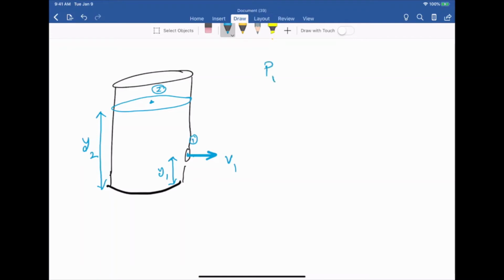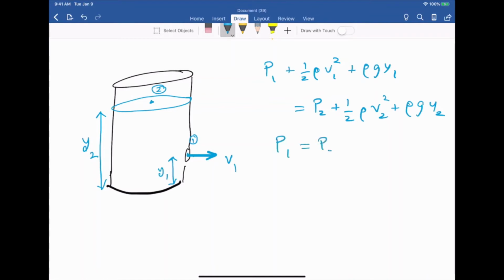P1 plus half rho V1 square, and that V1 is what we're looking for, plus rho g y1 is equal to P2 plus half rho V2 square plus rho g y2. The P1 and P2 are both equal to P atmospheric.